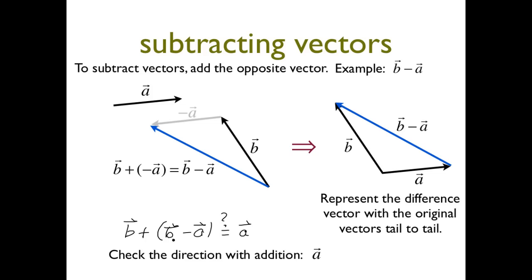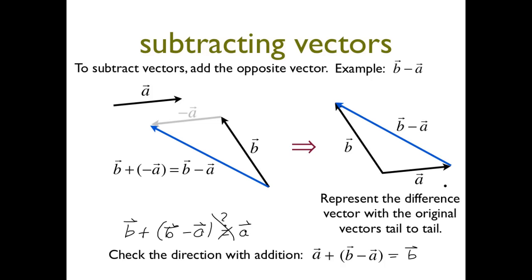No, you get 2b minus a. Do you see that? So it's no. But instead, if you did a plus b minus a, you get a minus a is 0, and you're left with b. That makes sense in the picture too, because as our addition, a plus b minus a equals b.